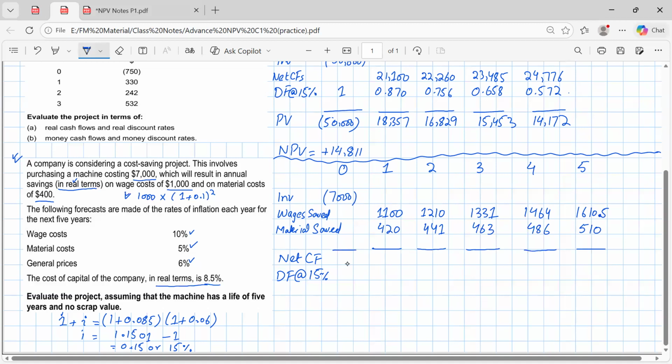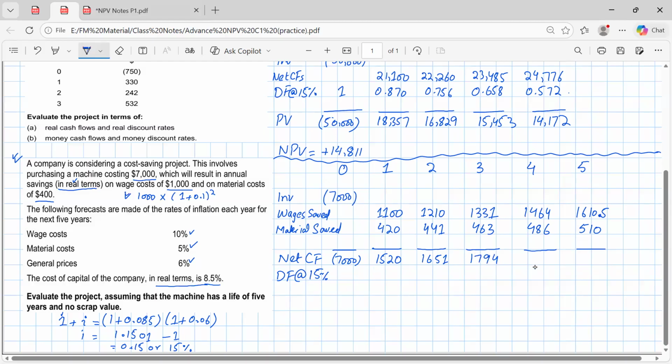For year zero, it's going to be negative 7,000, because year zero reflects present value. Then for year one, 1520. For year two, 1651. For year three, 1794.